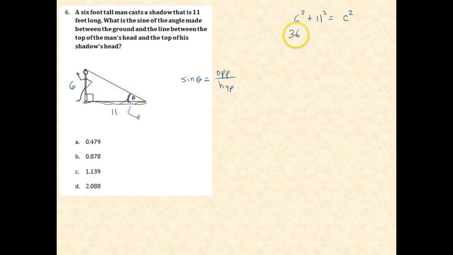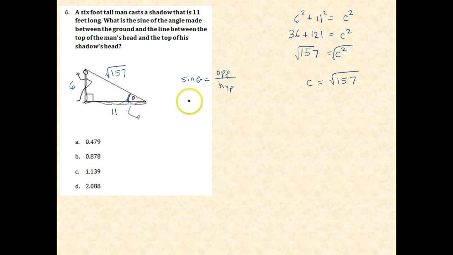So 36 plus 121 equals c squared. 157 equals c squared. And now if we take the square root of each side, we get that c equals the square root of 157. I'm not going to get a decimal for that yet, because if I round right now, I'm going to maybe round a little too much and then be not real close to one of my answers down here.